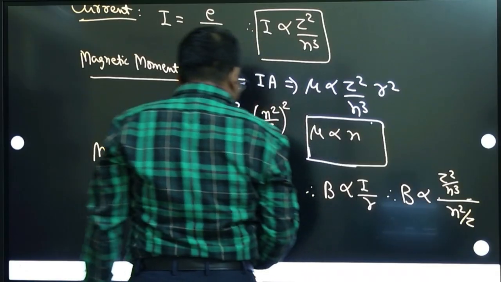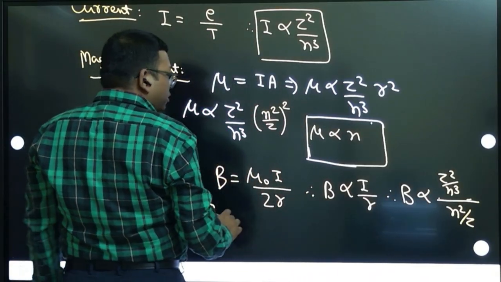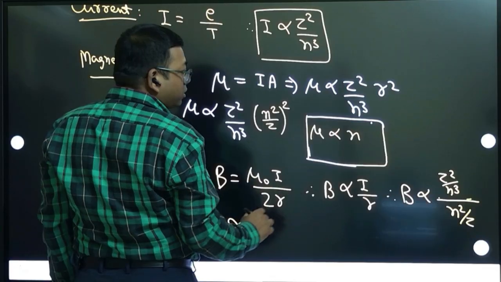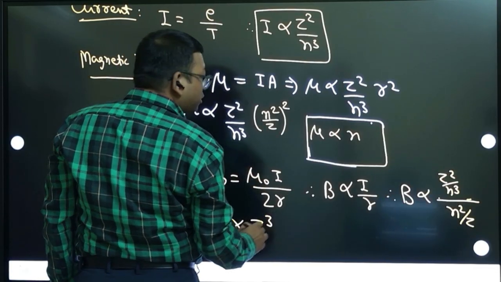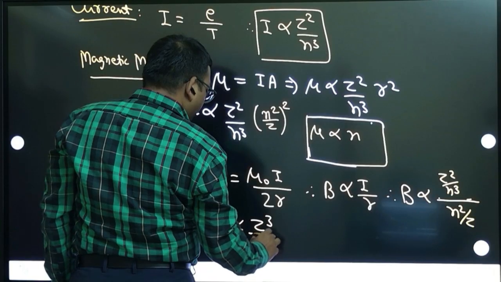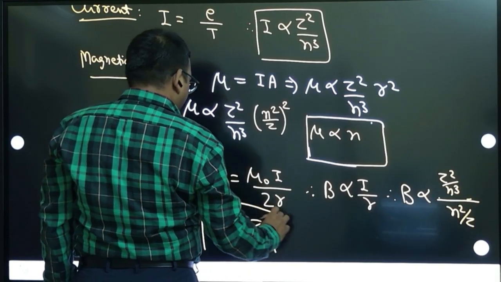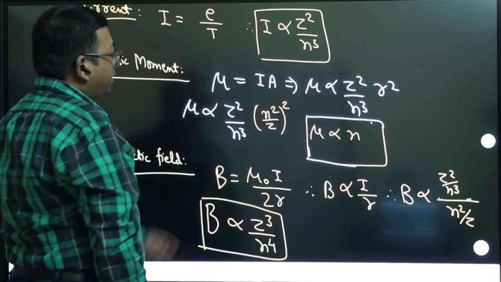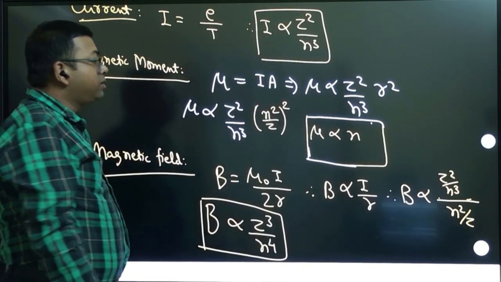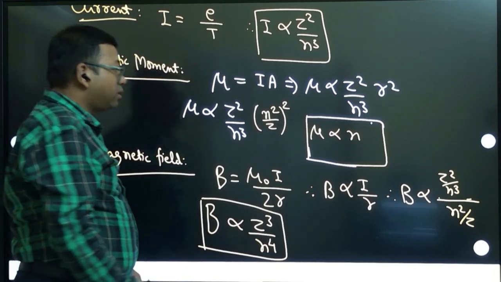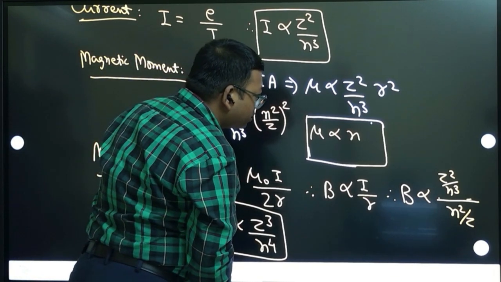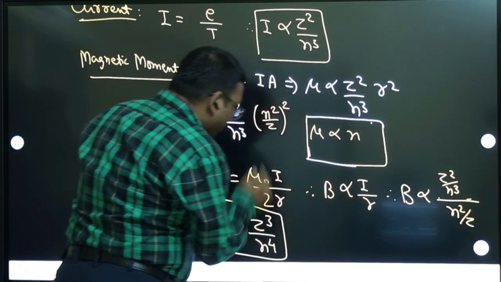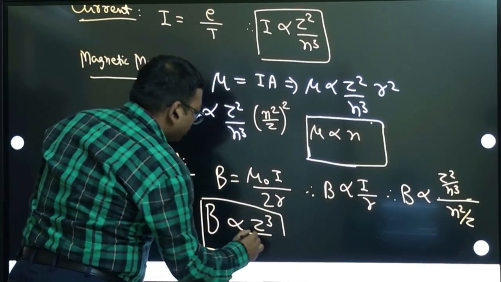Remember this, you need to practice many times, then you remember. So B is proportional to z cube by n power 4, like this. Okay. Magnetic moment and magnetic field, how are they related? We should remember this. I think n power 5 is coming for the magnetic moment, right? z square, z cube, n power 5 is coming.